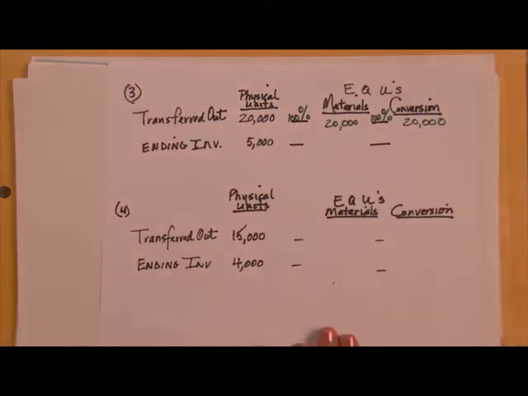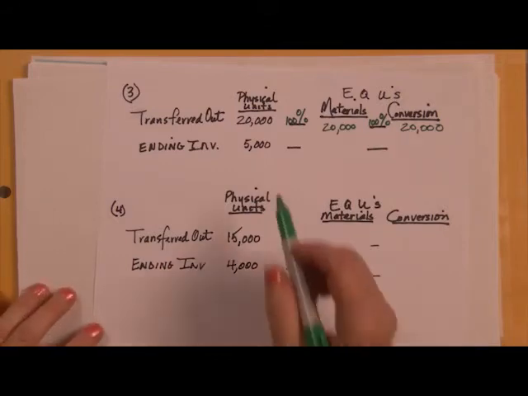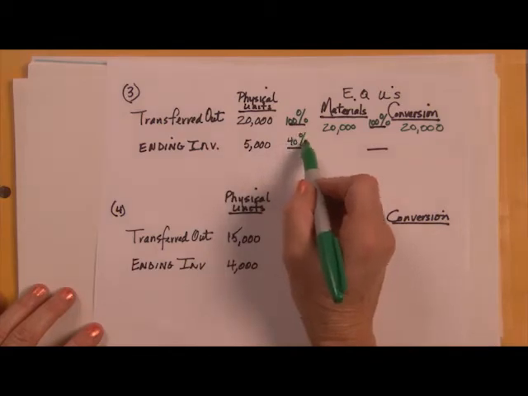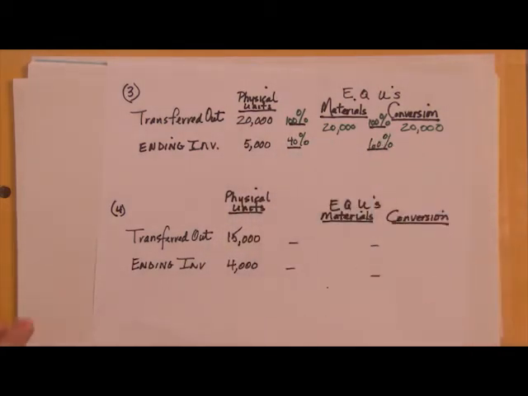All right, let's look at the ending inventory. Now, the people in the production area will have to tell us how far along these units in ending inventory really are. And in this particular problem, they say they're 40% complete as to materials and 60% complete as to conversion. So we simply multiply.